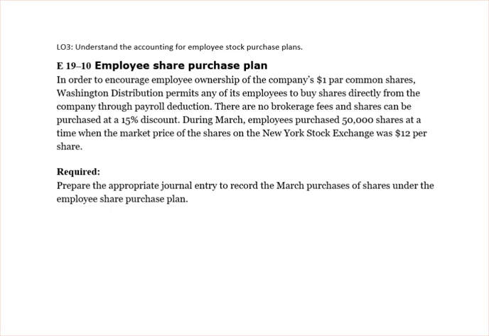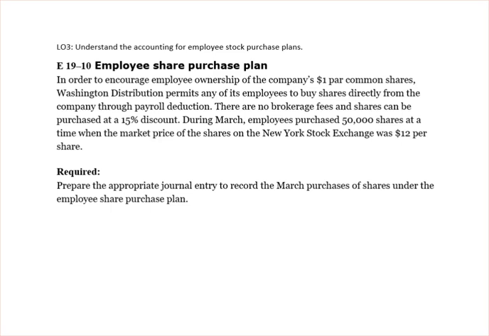So if you're at 15%, you take 15% of the market price of the stock, and since they're not going to pay it in cash, you record it as compensation expense. When you do these journal entries, your debit will be the value either of the cash which comes in, or the cash plus the compensation expense, and you record it accordingly.